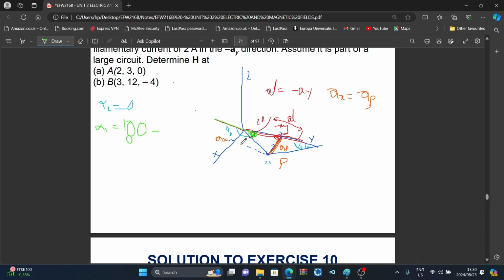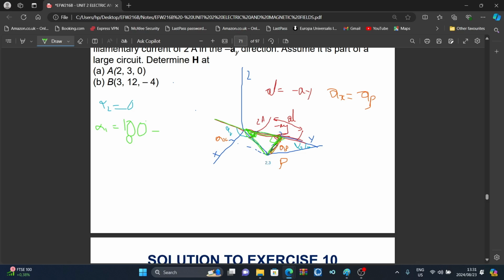To calculate this angle, we assume this one is 90 degrees, and this one is the hypotenuse. So we'll have this green triangle, which is a right-angled triangle. This side is 3, this one is 2, and this is our hypotenuse.